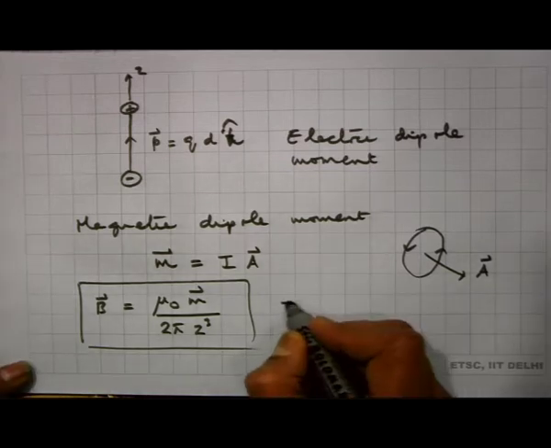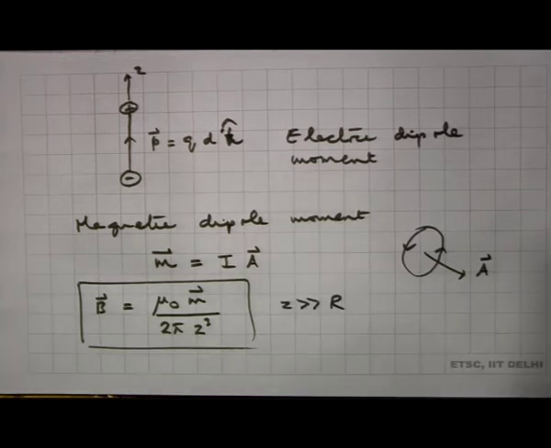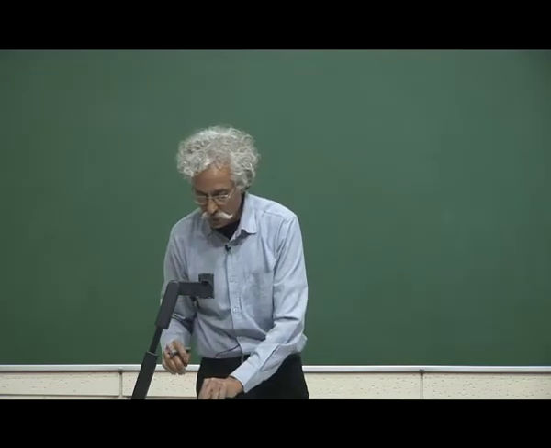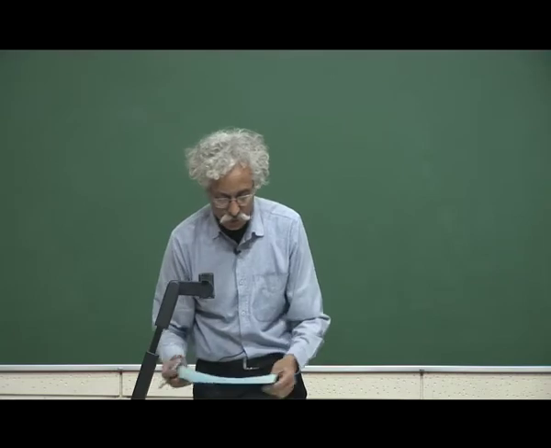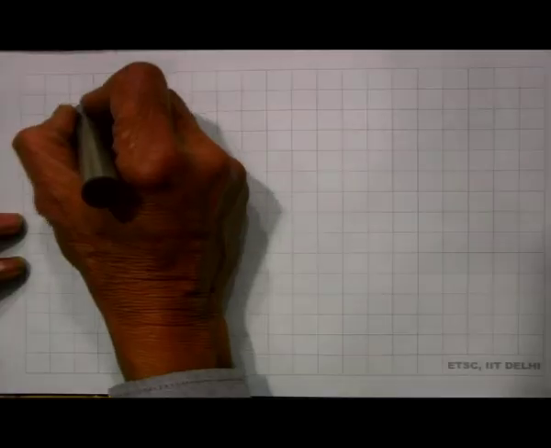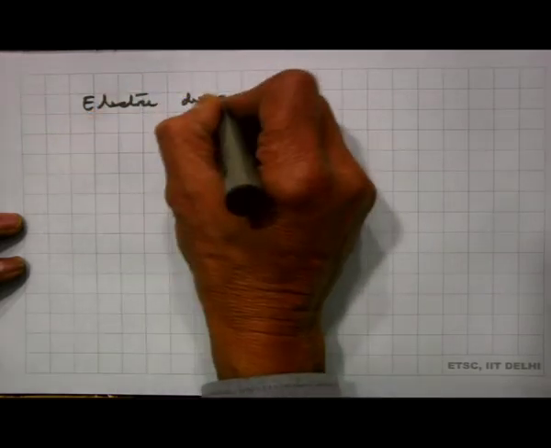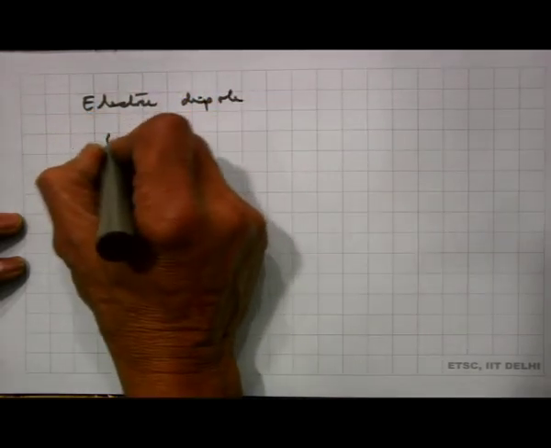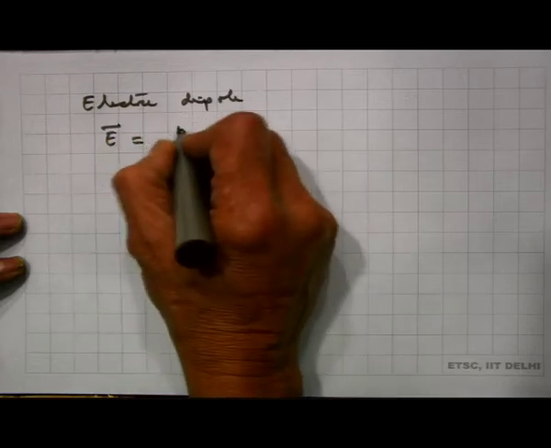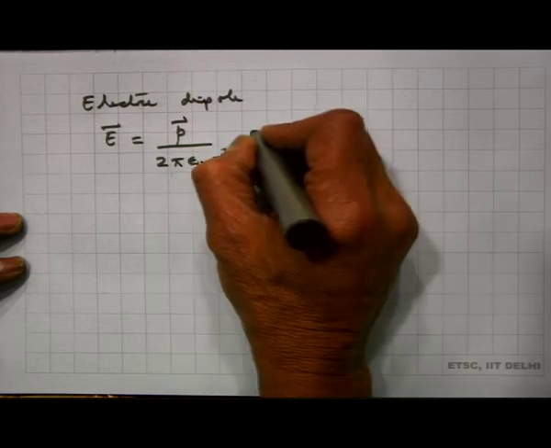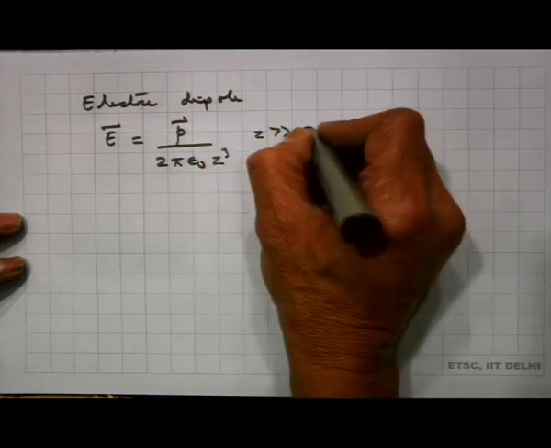So, this is for z much greater than r. Remember, we had also calculated the electric field produced by an electric dipole far away from the dipole, and we had obtained an equation for the electric field. So, for the electric dipole, E is equal to P by 2 pi epsilon 0 z cube for z much greater than a.